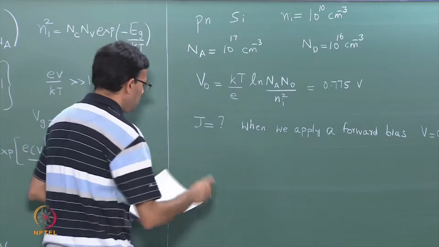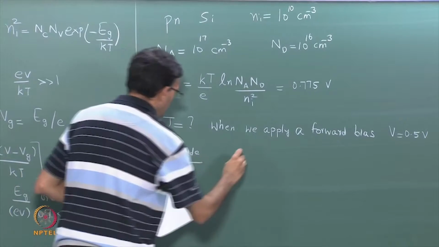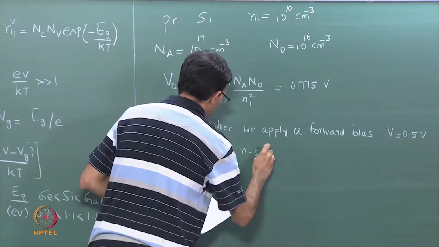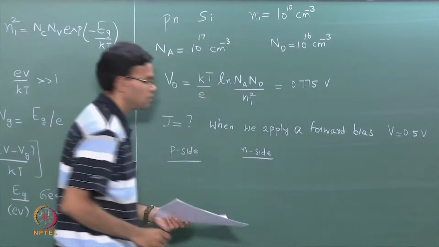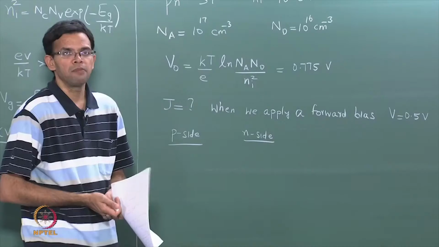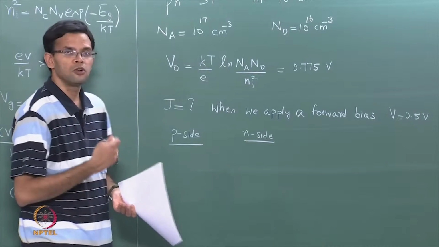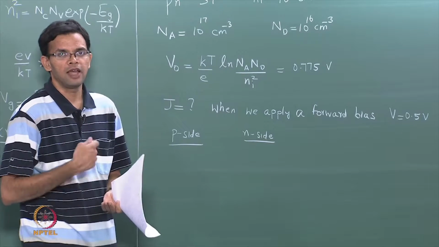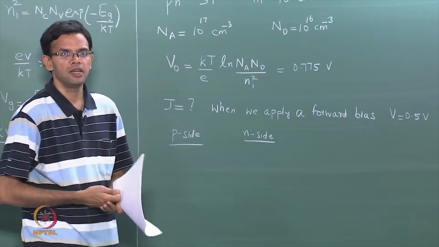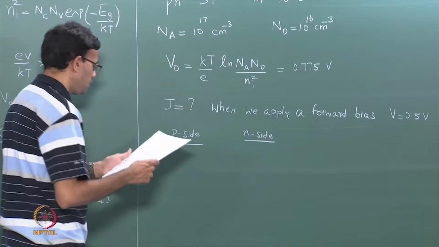So, let us write down the P side and then N side. So, the first thing we want to know is how many excess carriers are injected because of the forward bias. So, from last class, if you remember, the current in the case of a p-n junction is due to the minority carriers. So, that you have electrons that are injected into the p side, you have holes that are injected into the n side, that causes the current.